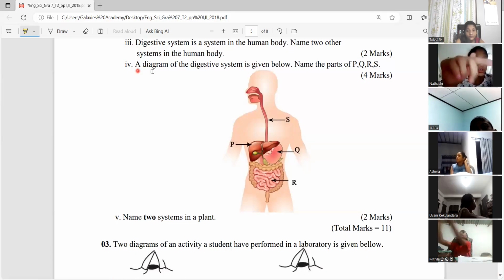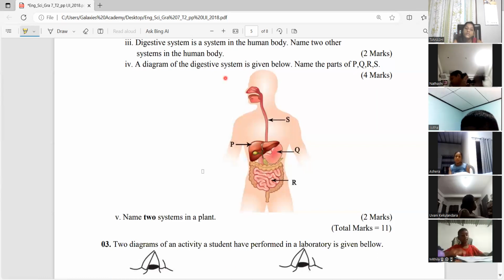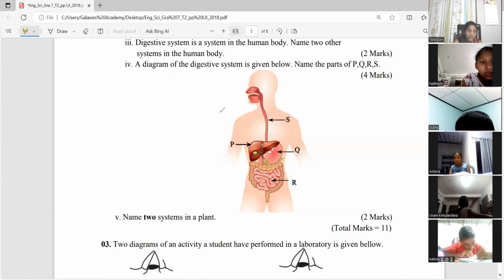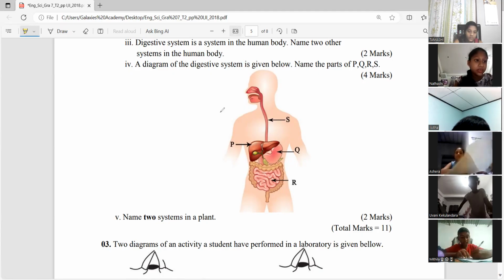Right. Part 4, a diagram of the digestive system is given below. Name the parts PQRS. What's the name of P? Do you remember? Liver. Yes, liver. Then Q, stomach.